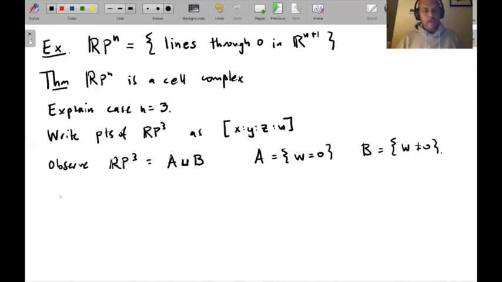So first of all, A, well, what is A? So we're looking at lines in R4, and if the last coordinate is 0, that means this line is actually contained in R3. And so then we're just talking about the set of lines in R3, which is exactly the projective plane, which we've already looked at.